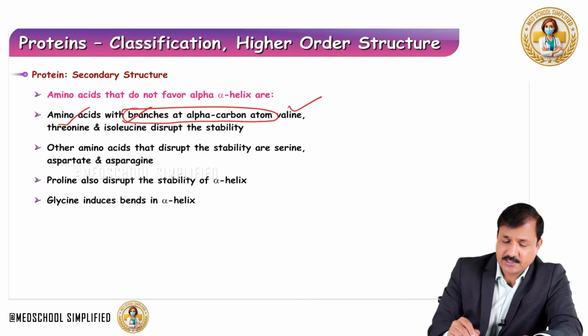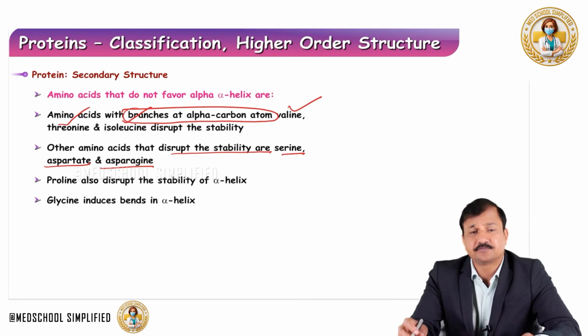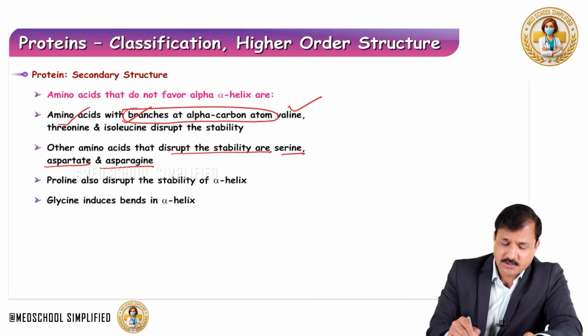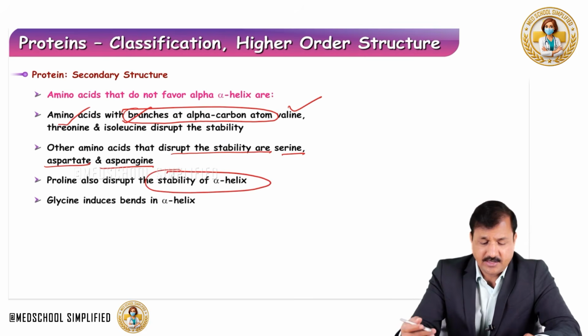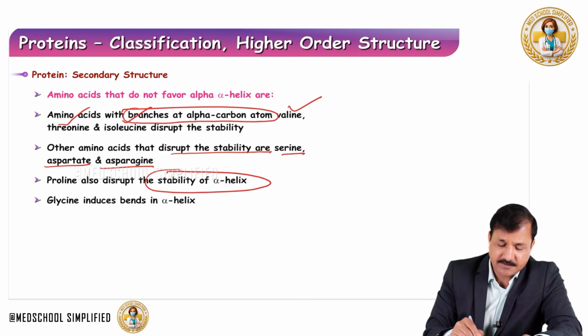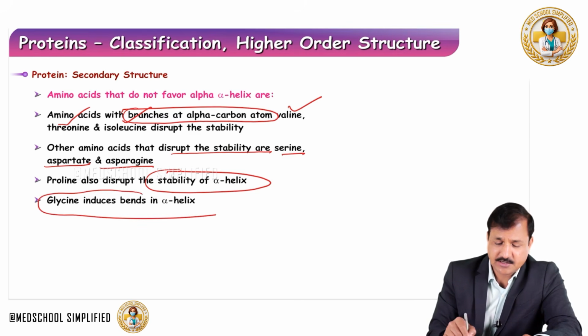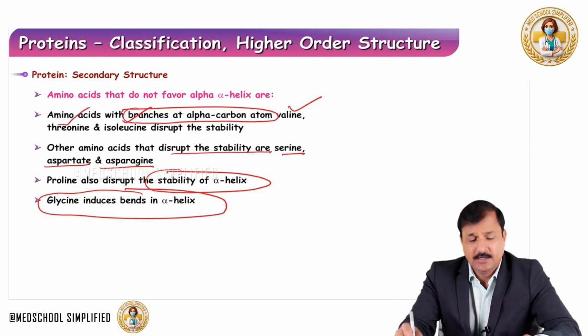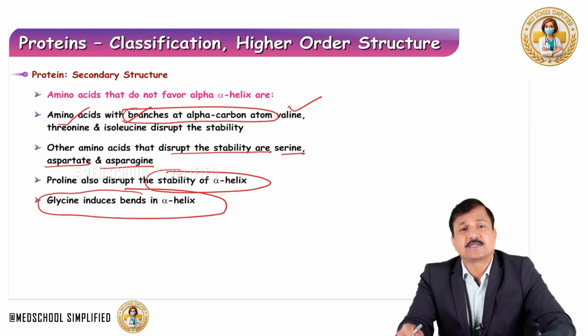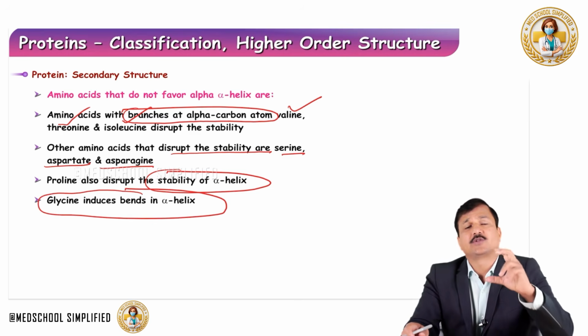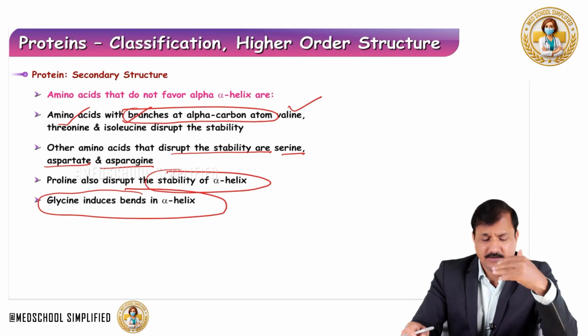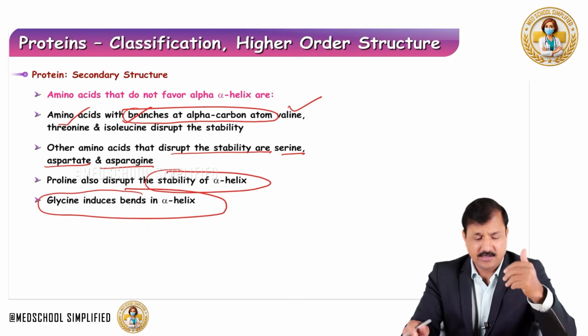Other amino acids that disrupt the stability are serine, a hydroxyl containing amino acid, aspartate and asparagine. Now, proline also disrupts the stability of alpha helix. In fact, it breaks the alpha helix. And usually glycine comes in along with the proline. So glycine induces bends in the alpha helix. So remember these points related to the role of specific amino acids with alpha helix.